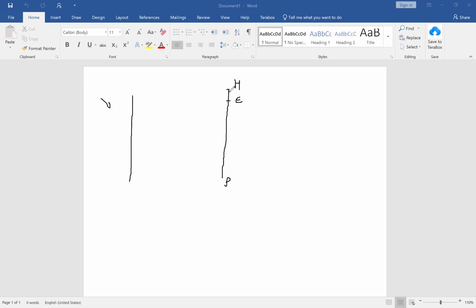So again, the incident ray travels from this point. This is your eye, and this is your head. So the incident ray strikes on that point, reflecting part of the mirror head, and this light is entering our eye.